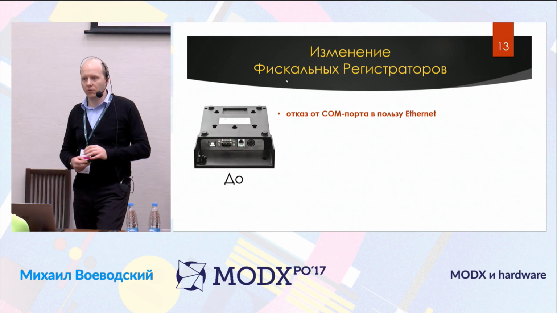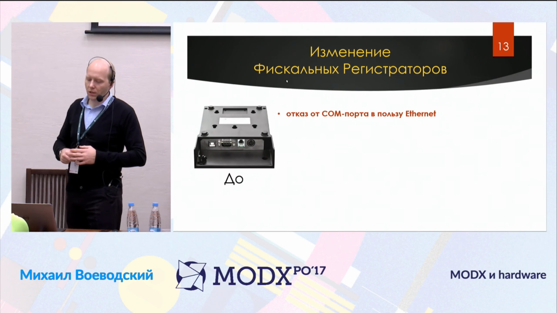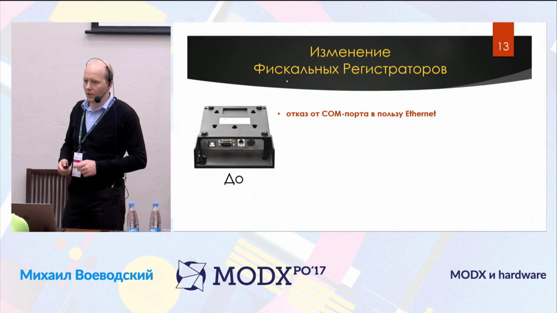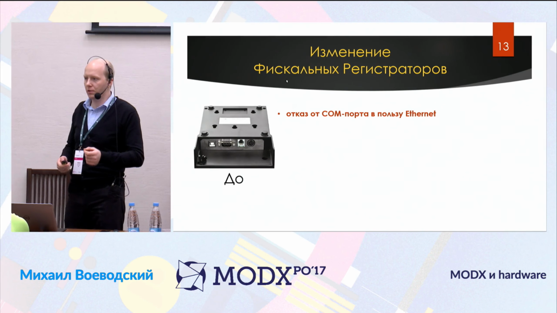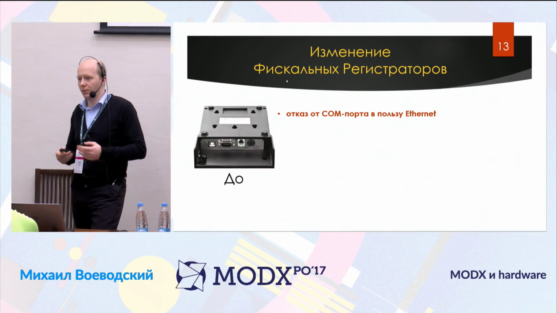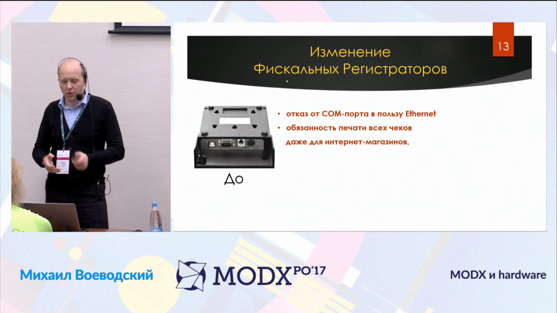Since the new law required that all cash registers become online registers, people refused the old COM port and started using an Ethernet port, a port to the internet. And it's easy to connect this equipment to the network.